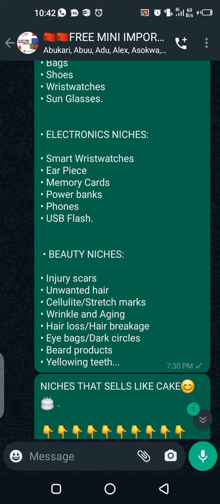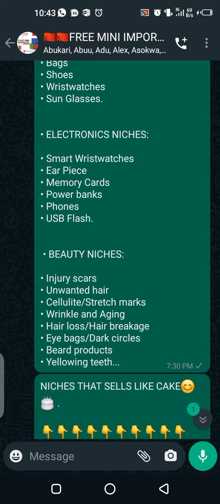And its rate as at this evening, while we were having the class, compared to the Ghanaian cedi, one Chinese yuan or one Chinese RMB was one cedi 18 pesewas.